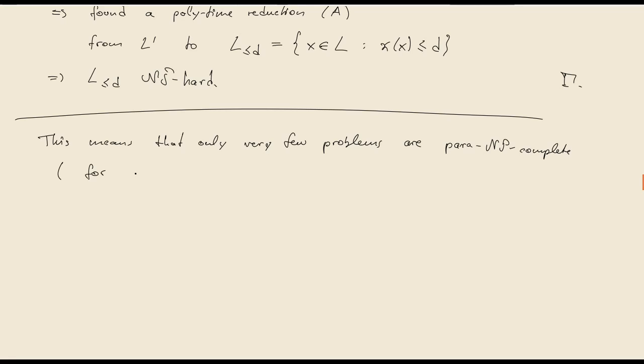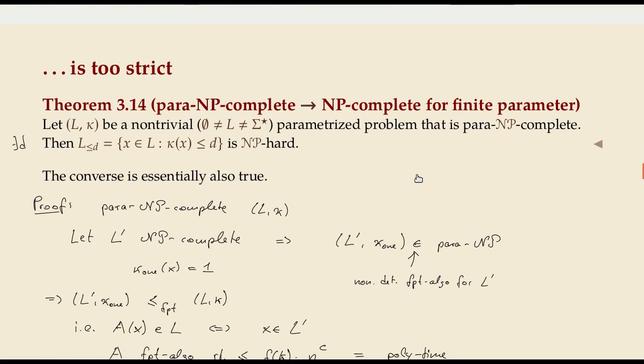Well, we have some examples, which is the graph coloring problem that we've discussed before. Okay, we haven't proven here the converse, but I said it's true. So for the graph coloring problem, we know that if the parameter, the number of colors, is 3, then it's already NP-hard.